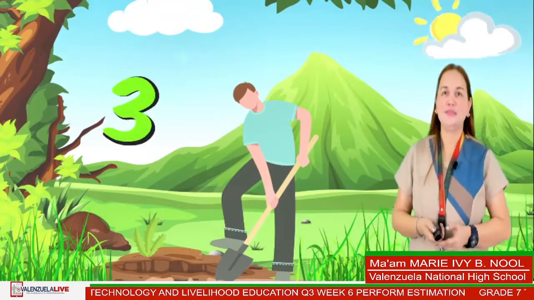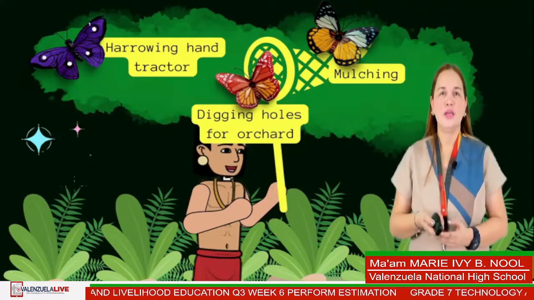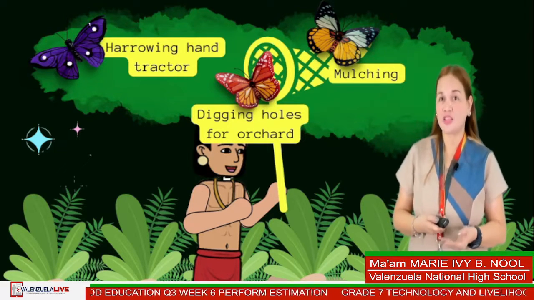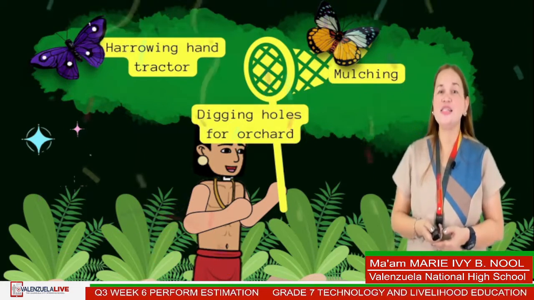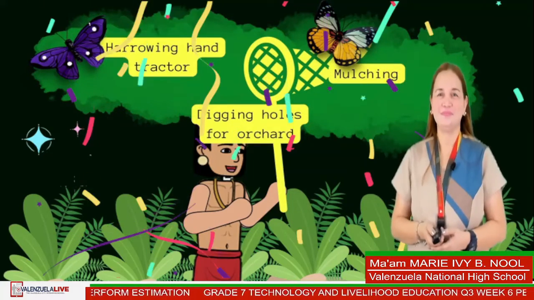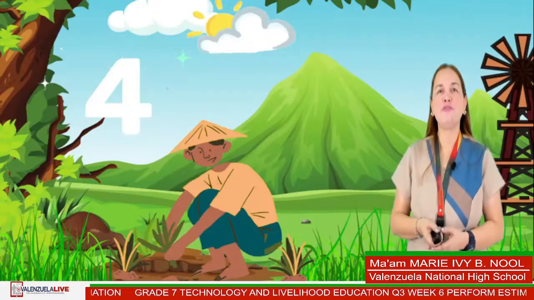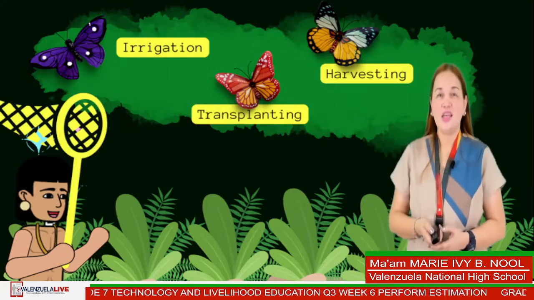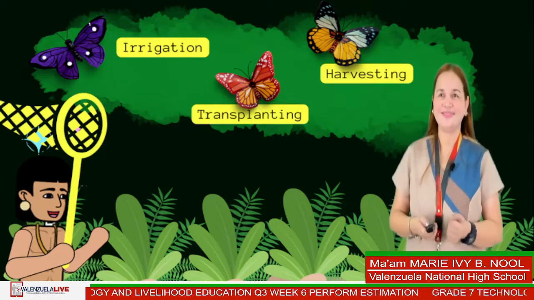Picture number 3. Is it harrowing hand tractor, digging holes for orchard, or mulching? The answer is digging holes for orchard. Amazing! Picture number 4. Is it irrigation, transplanting, or harvesting?